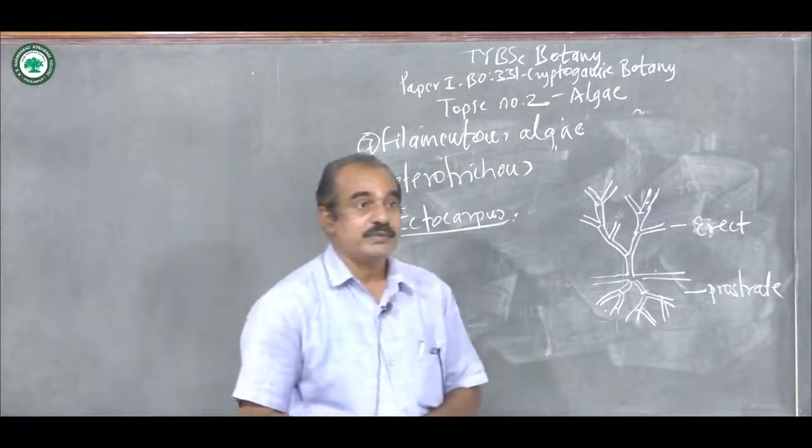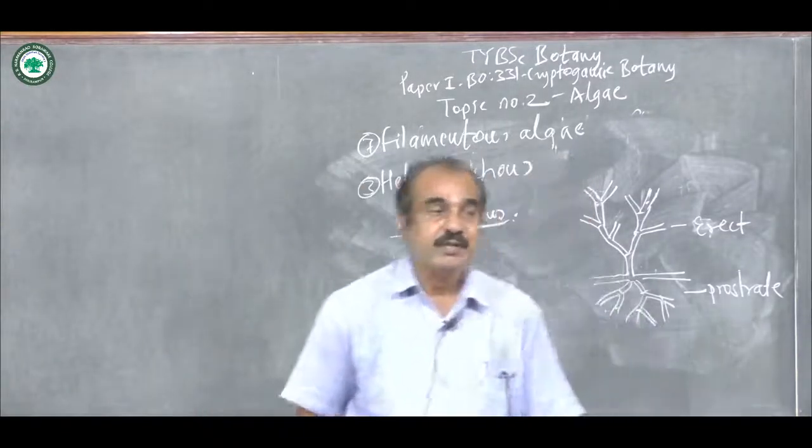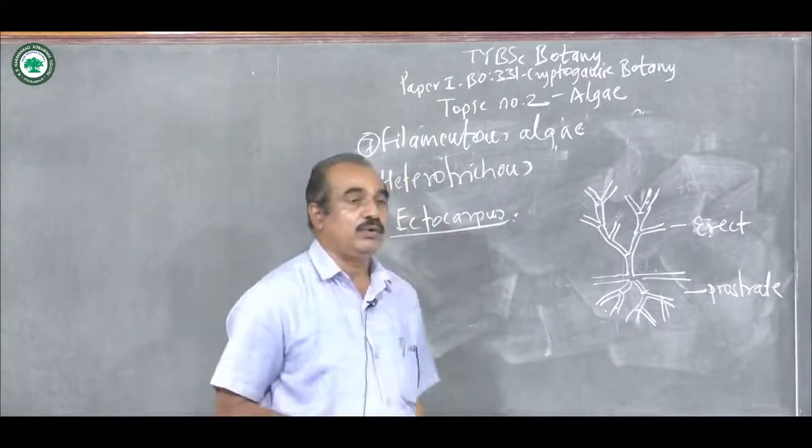Heterotrichous structures: hetero means different, trichous means filament. That means, for example, in Ectocarpus, there are two different types of structure.